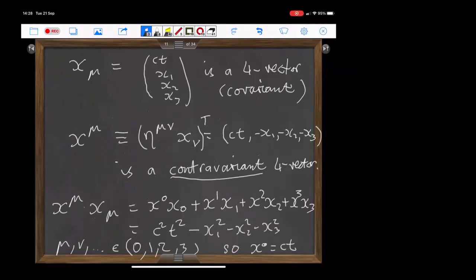So in the 4-dimensional case, x lower mu is a 4-vector. So mu goes from 0 to 3 in many conventions.